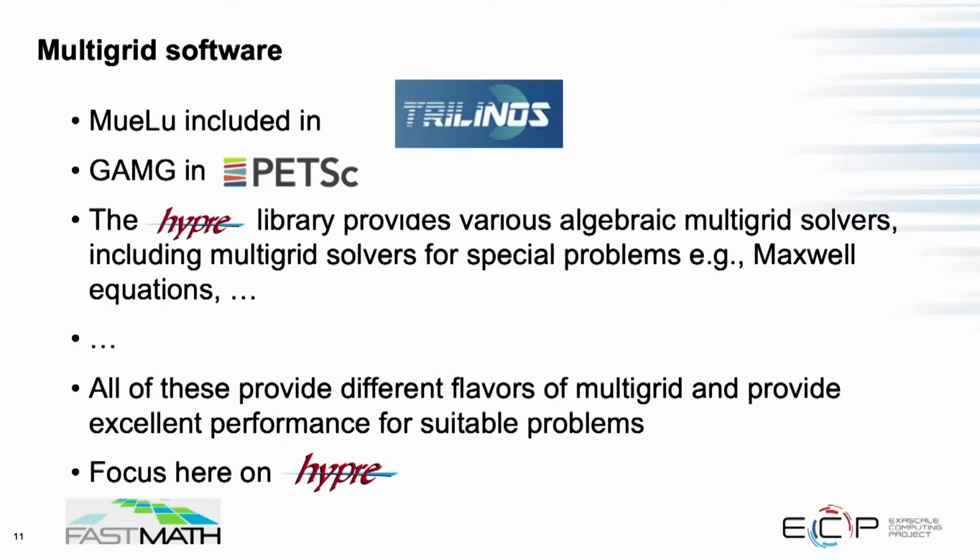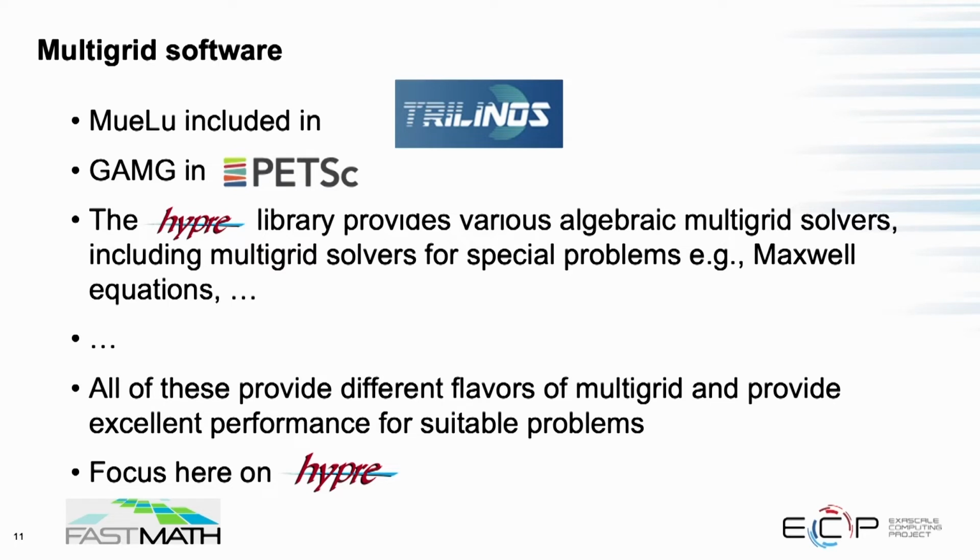Now, there are several open source options for different multigrid implementations. In Trilinos, there's MueLu, and some of y'all maybe caught the session earlier today, which provides smoothed aggregation type algebraic multigrid. PETSc has GAMG, which uses a mixture of geometric and algebraic components.